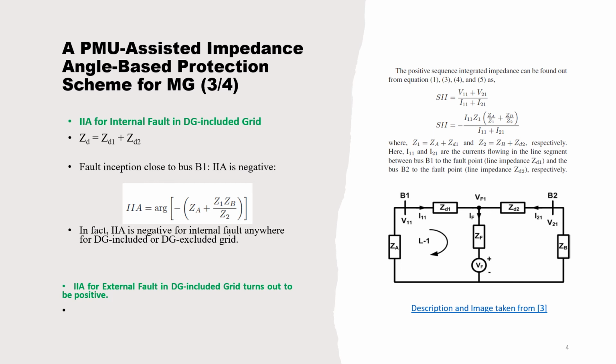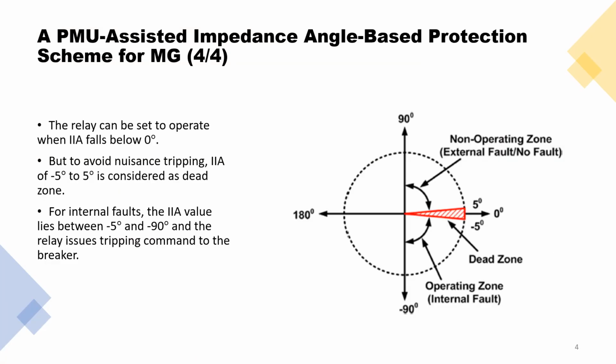Similarly, the authors also derive that if a fault external to the microgrid happens, whether the microgrid includes DG or not, the angle will be positive. Based on this we have this operation diagram, and we can see that the relay can be set to operate whenever the angle falls negative.